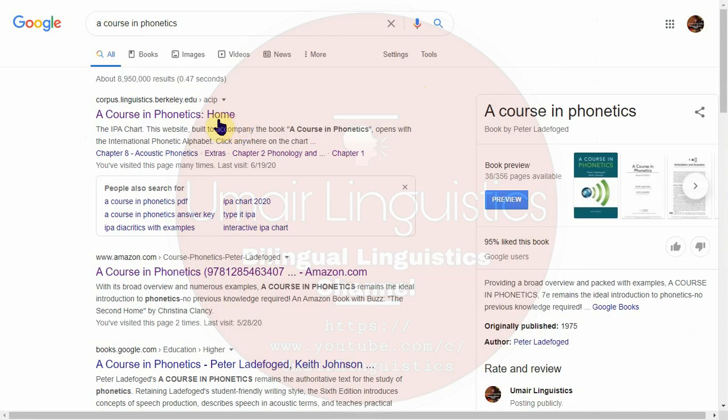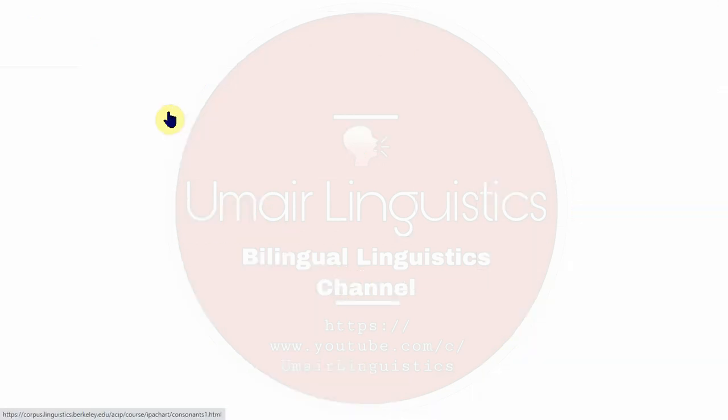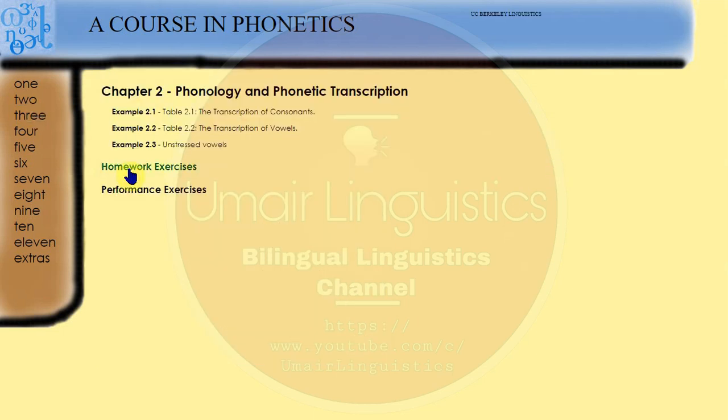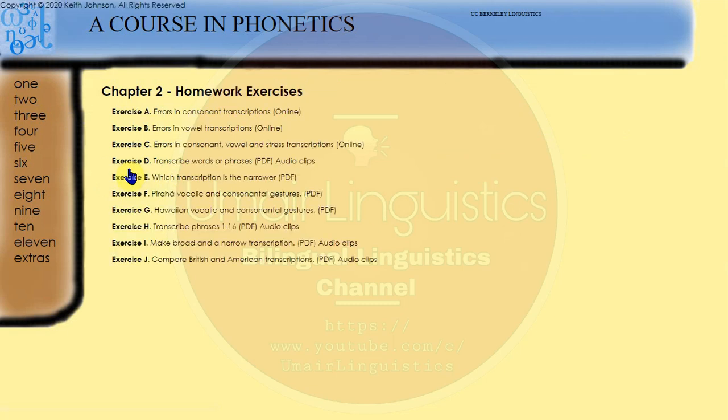As I have mentioned several times, just write a course in phonetics in the browser, and you will get the first website, corpus.linguistics.berkeley.edu. Click on this, and here we are solving chapter 2. Click on chapter 2, then click on the homework exercise.